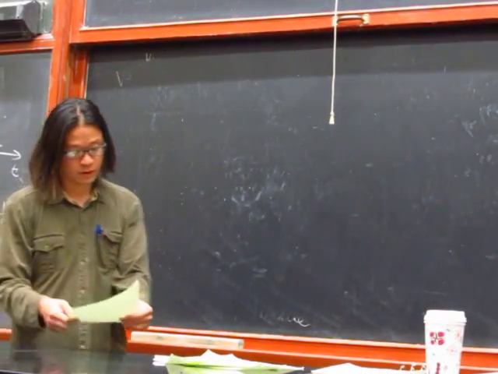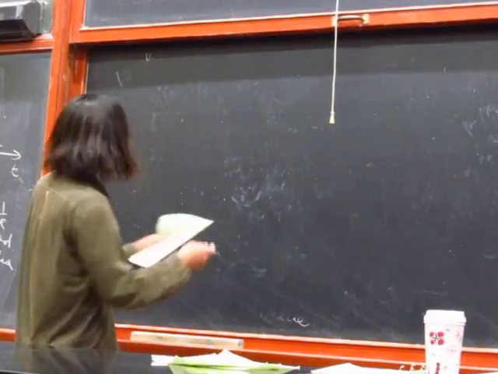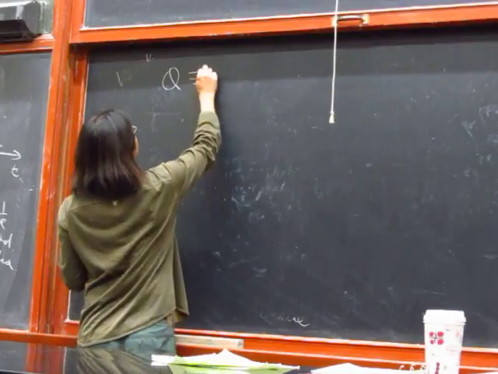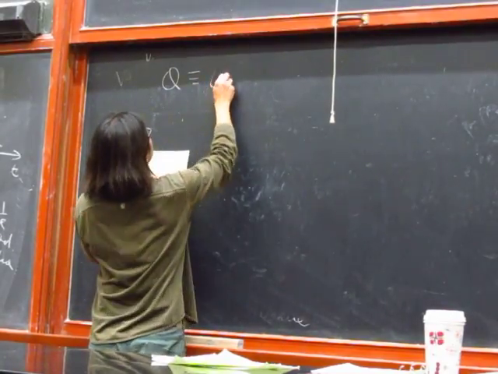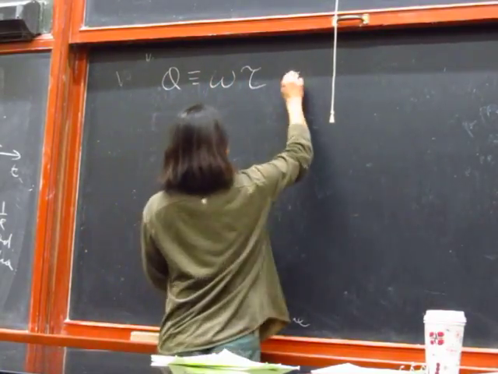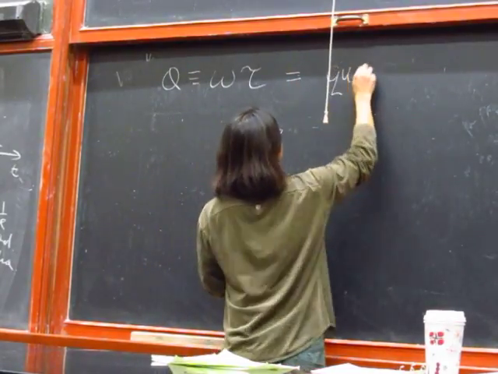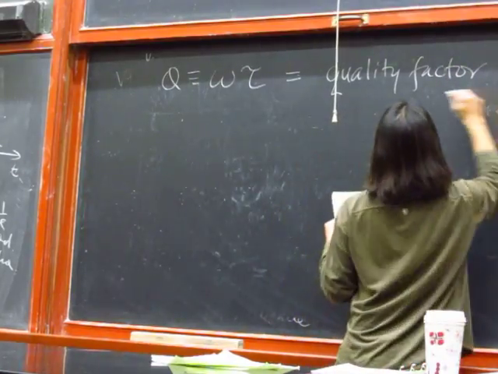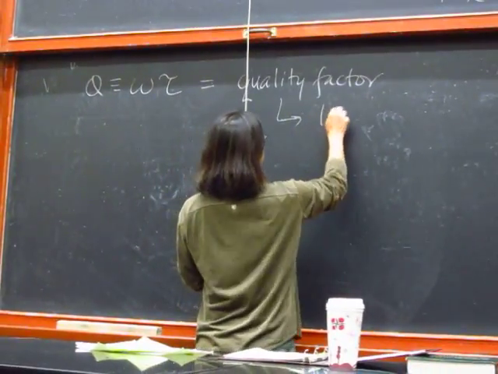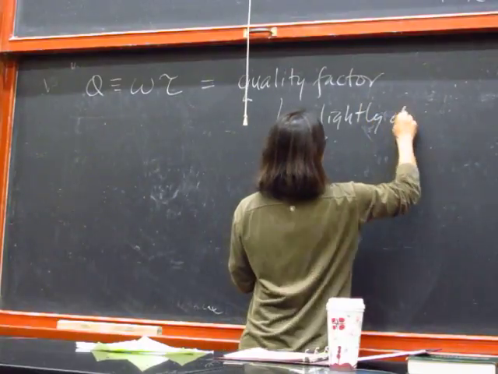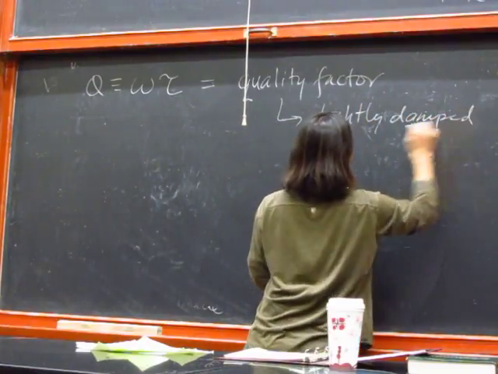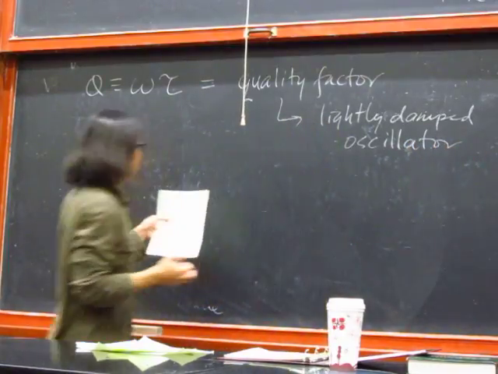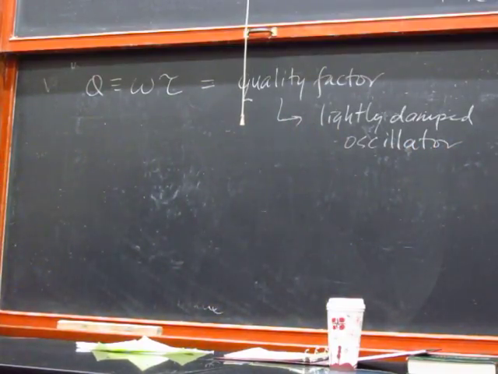There's a concept called Q, which is defined to be omega times tau, and this is also called the quality factor for an oscillator.